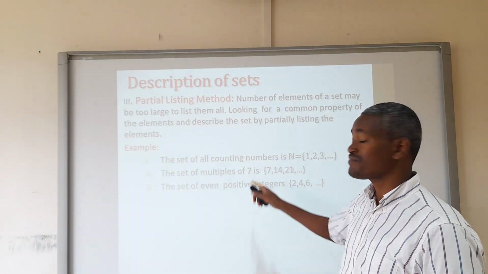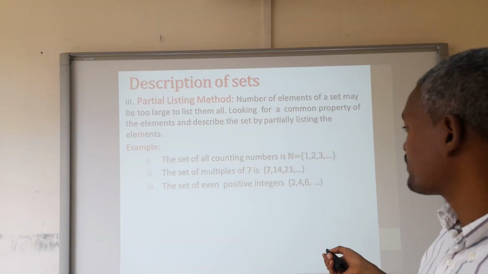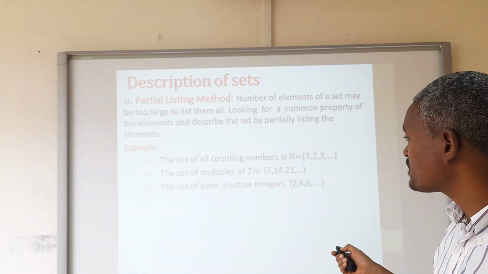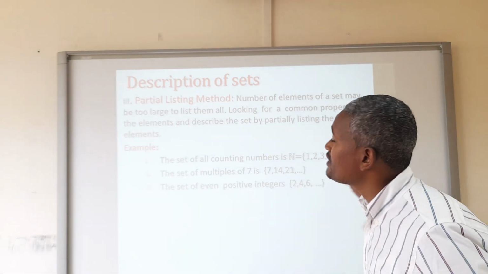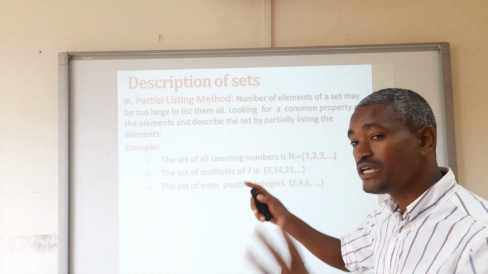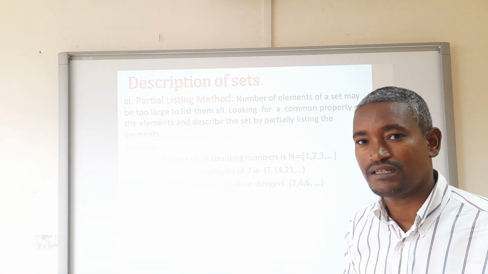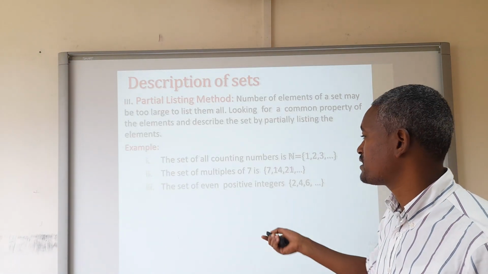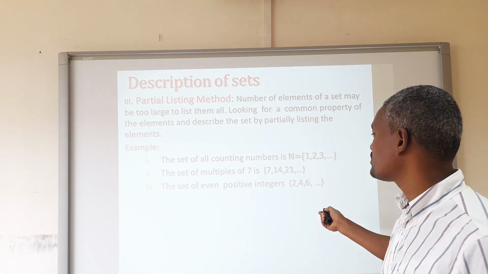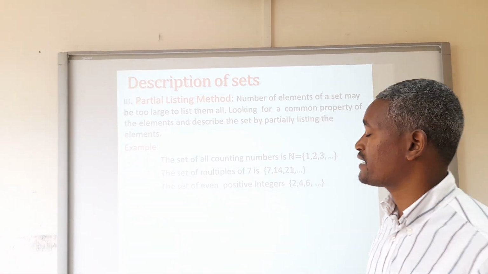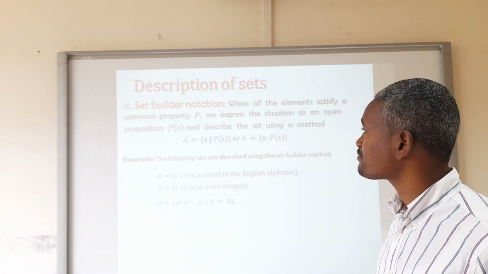The set of multiples of 7 is 7, 14, 21, then three dots, and you would continue. This is infinite, so mostly infinite sets are represented by the partial listing method. The set of even positive integers is 2, 4, 6, and so on. These are expressions of the partial listing method.